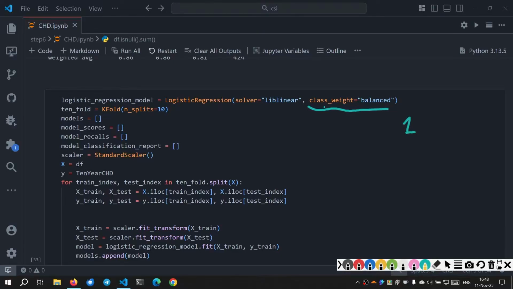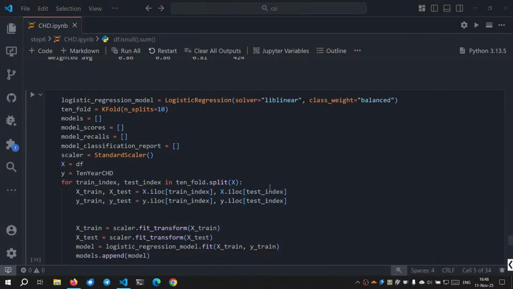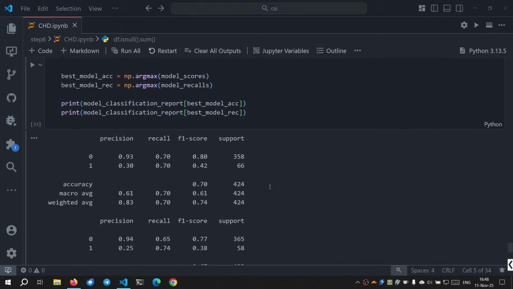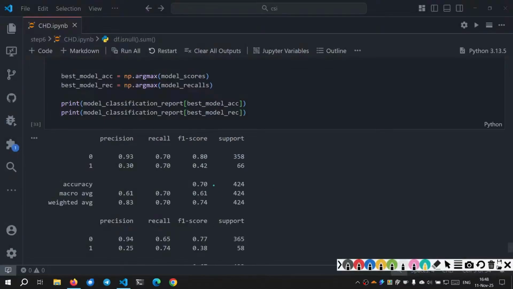So if we use this special parameter and make our classes weighted, and we also use a scaler just for good measure, so the data are more in the same range of each other, and you don't have data from 1,000,000 to 0 and another between 0 and 100, we get some different results with our models. So for example, look at here, our accuracy has been reduced. Instead of 88, now we have 70 here.